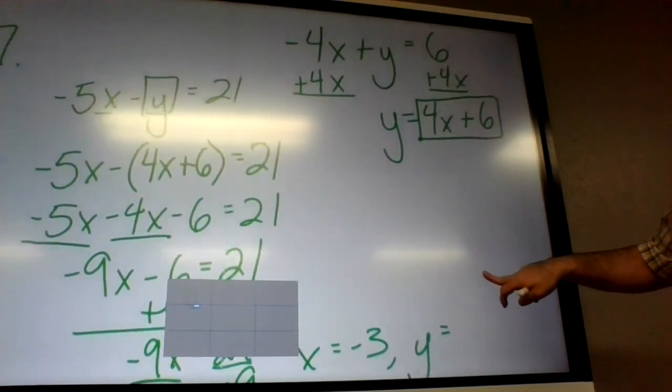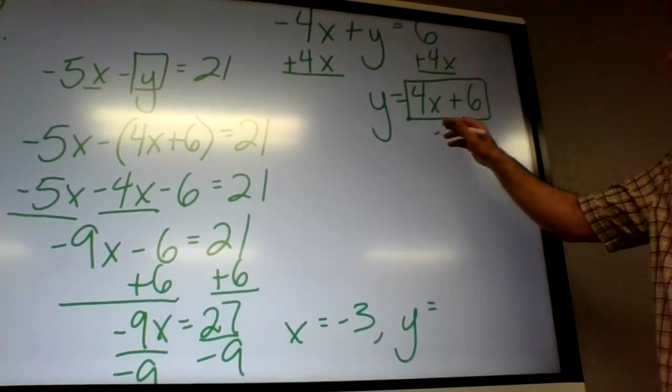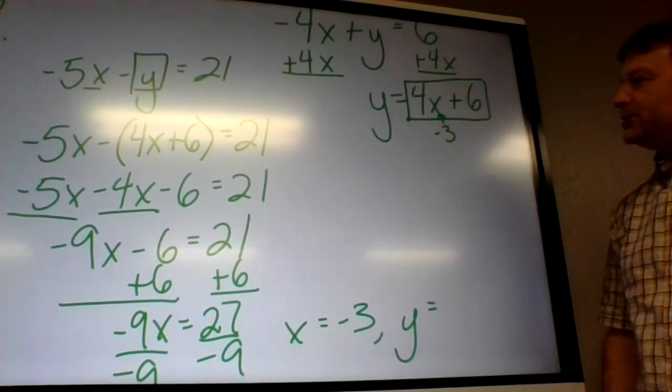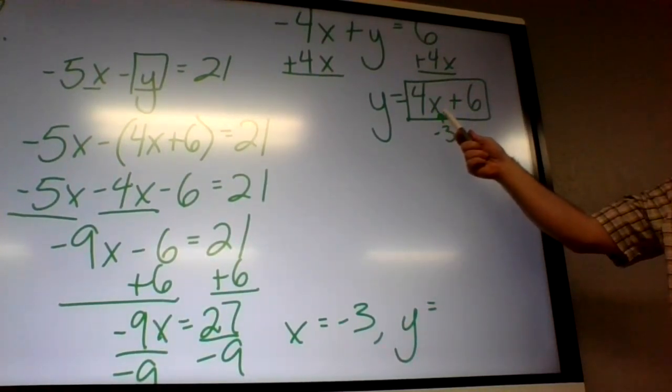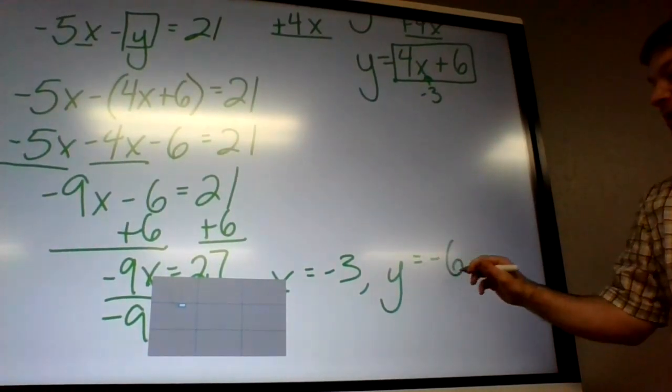Okay, where would be a good place to plug it? Actually, this, because I have a y equals here, -3, right there would be the easiest one. 4 times -3 is -12, plus 6 is -6.